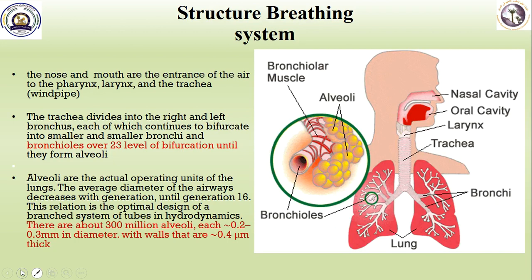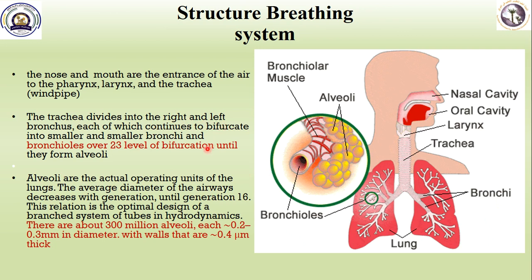To understand the physics of the breathing system, we need some information about its structure. As I said before, the nose and mouth are the main entrance, and then air moves on to the trachea, which is subdivided into two separate left and right branches.